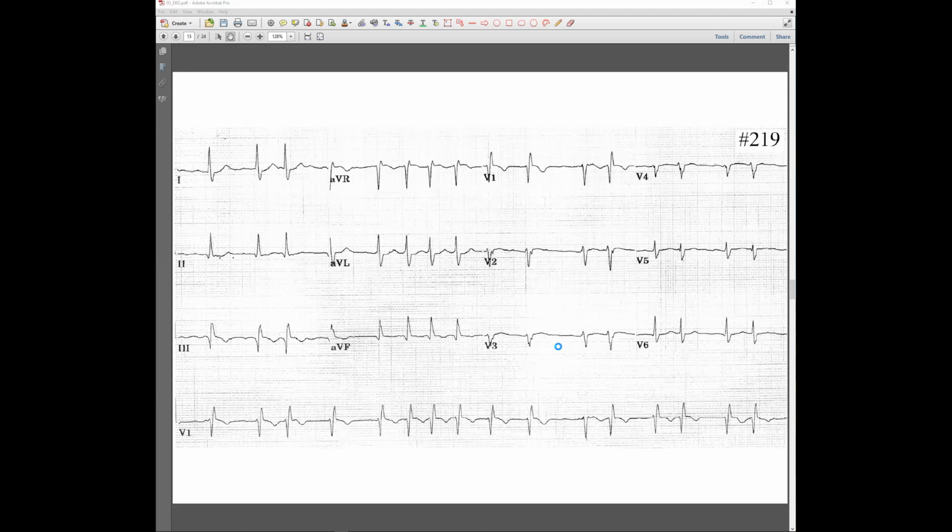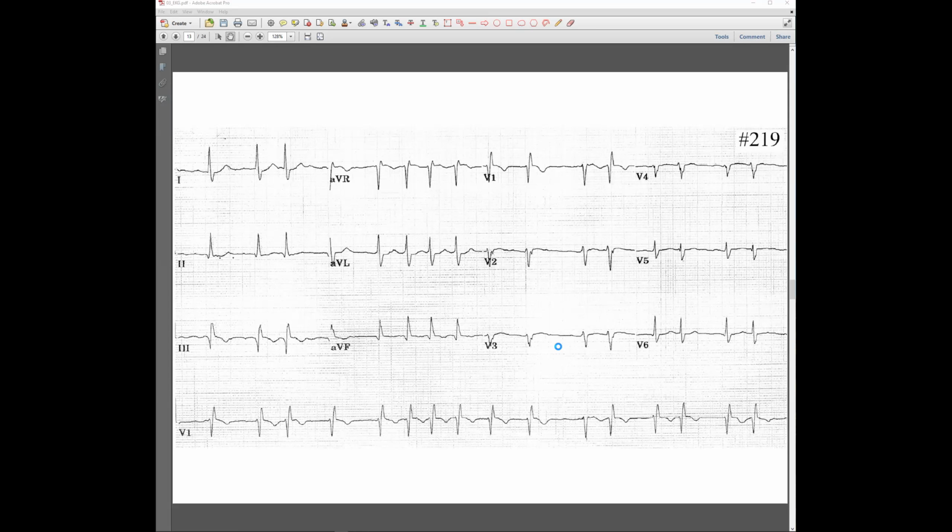Pathological Q waves. V3, no. RS, no. Here it's RS. Look at lead number 3, only in lead number 3.